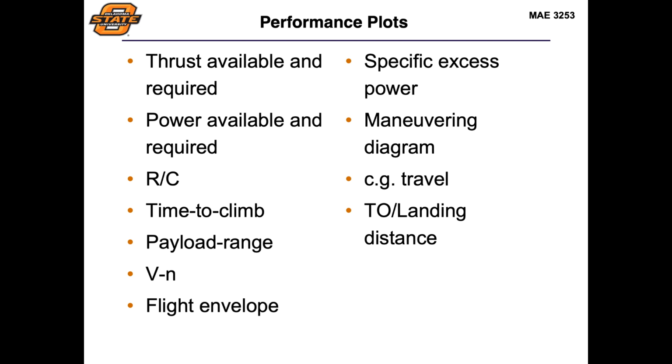Now, some of these are going to be important for aircraft performance analysis. Others are going to be critical for aircraft operations. For example, your CG travel is an important parameter that pilots need to calculate before any mission.